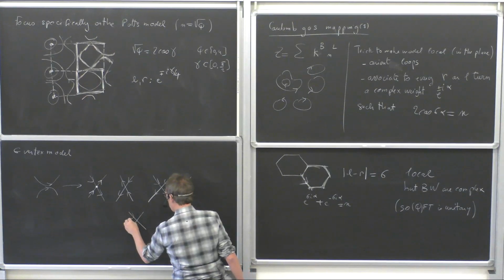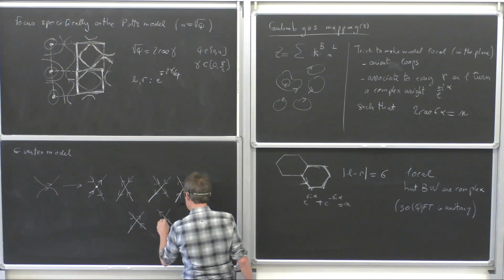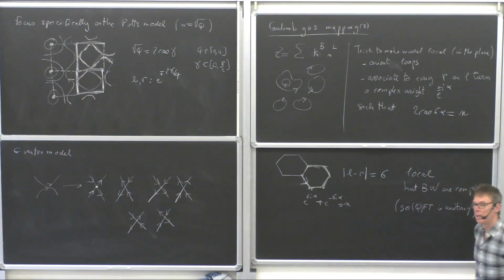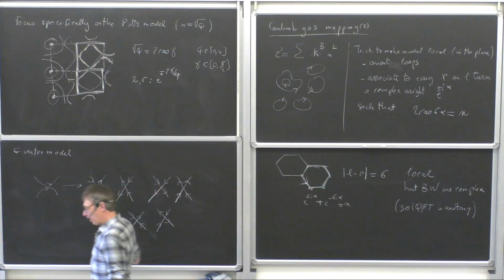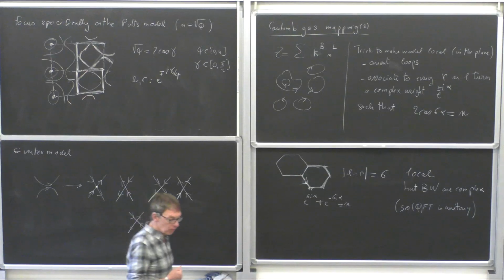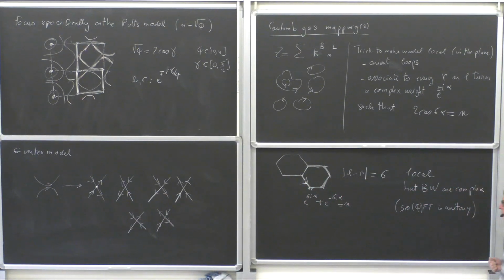And then we're going to have this guy, and this guy. These are the 6 possible vertices. Why 6? Because the rules of the game are that we orient the loops in a consistent way. Therefore, current is conserved, where by current I mean the number of arrows going in is equal to the number of arrows going out. So these are the 6 possible vertices we obtain.